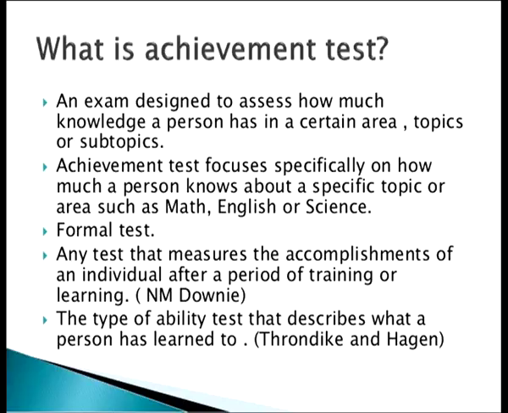An exam designed to assess how much knowledge a person has in a certain area, topic or subtopic. An achievement test focuses specifically on how much a person knows about a specific topic or area such as math, English or science. It's a formal test.